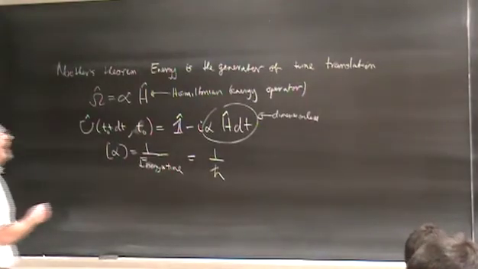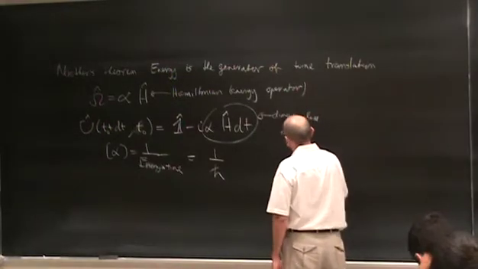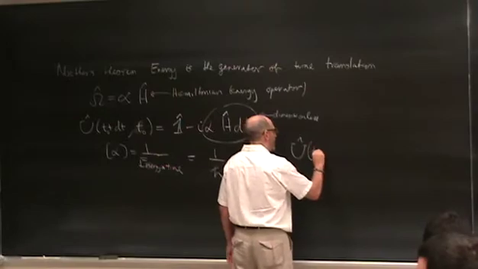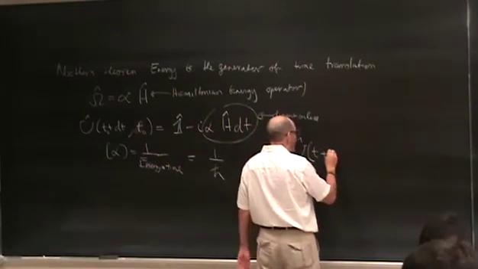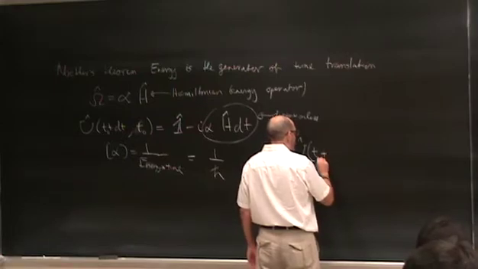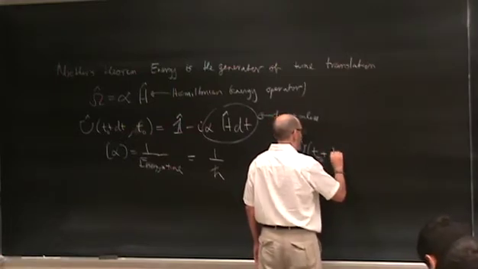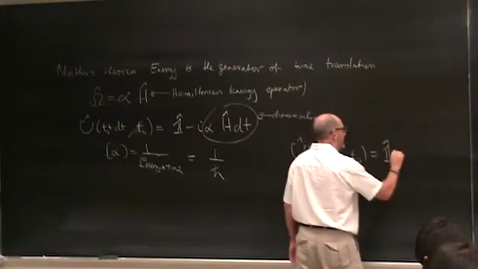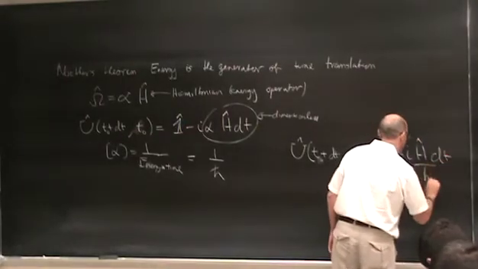So what we have thus is that the generator of time translation is the Hamiltonian, and you can write that, bless you, as: if I go a small distance from t0, that's the identity minus i times the Hamiltonian dt over h bar.